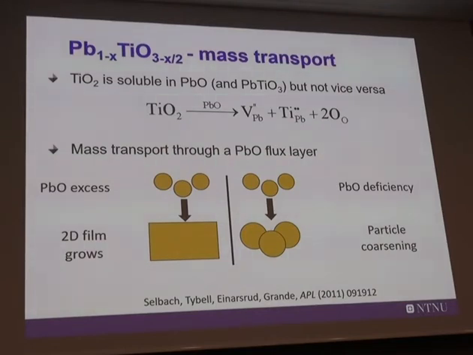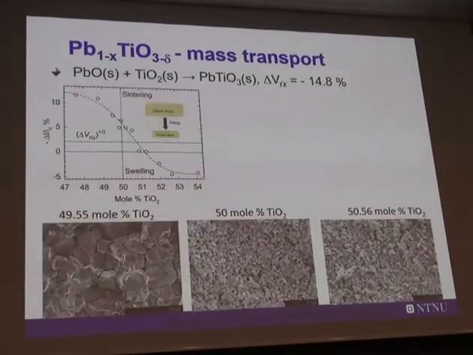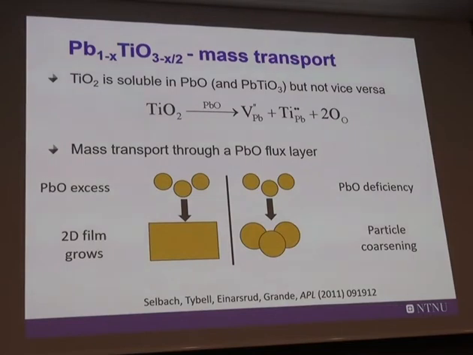If you have lead deficiency, you will not have this, and you get coarsening, meaning that you're just going from small to larger particles, as when you have this swelling phenomenon. So just a small difference in cation stoichiometry makes a huge difference in the processing of the material.